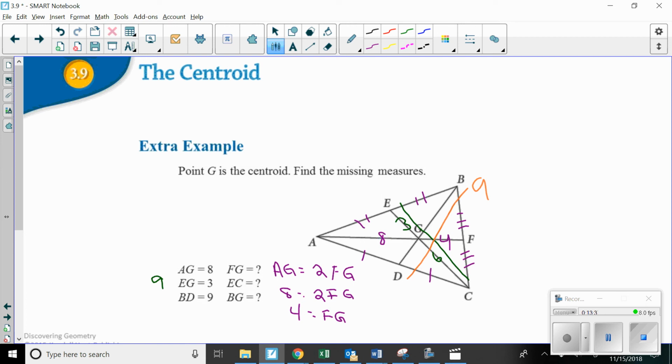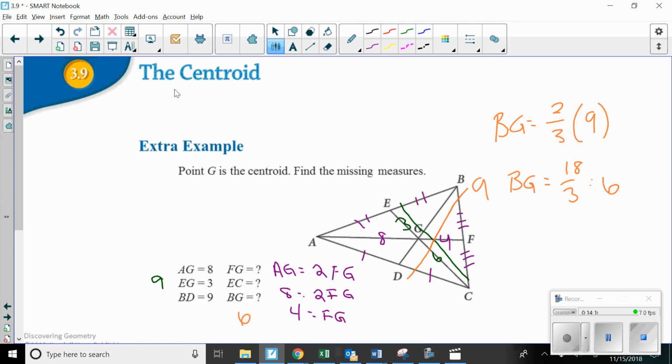BG is the distance from the vertex to the centroid, and that is 2/3 the distance from the vertex to the midpoint, which is 9. So BG equals 18/3, which equals 6 units.